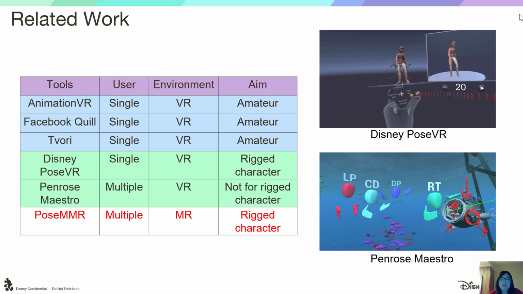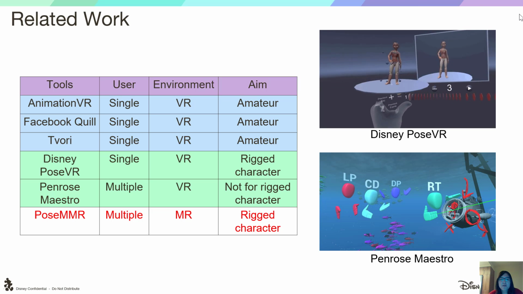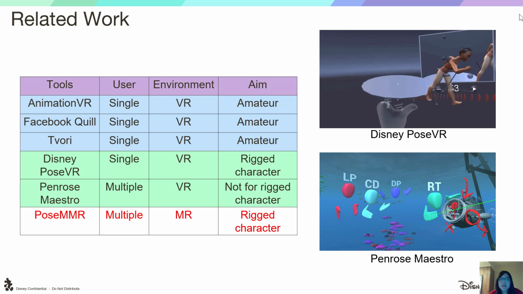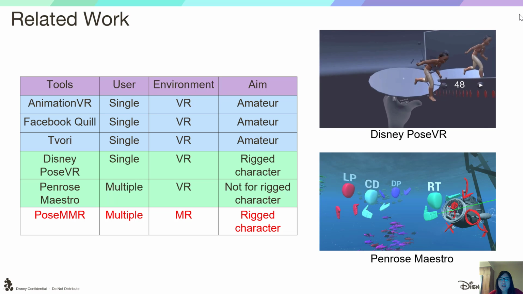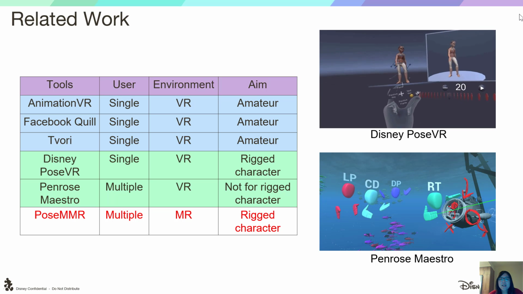There were some tools for general people, like amateurs, shown in blue: Animation VR, Facebook Quill. And there were also some professional animation studios, in green, like Disney and Penrose, that started to develop virtual reality tools.